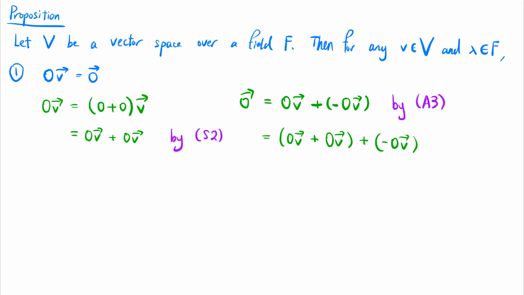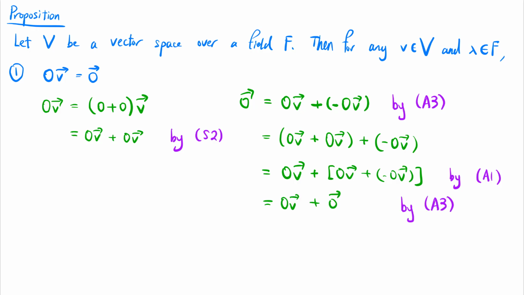This equals (0 times v plus 0 times v) plus negative 0 times v using the result on the left. By A1, we can swap the order of addition to get 0 times v plus ((0 times v) plus (negative 0 times v)). This equals 0 times v plus 0 using A3. Finally, this equals 0 times v using A2.